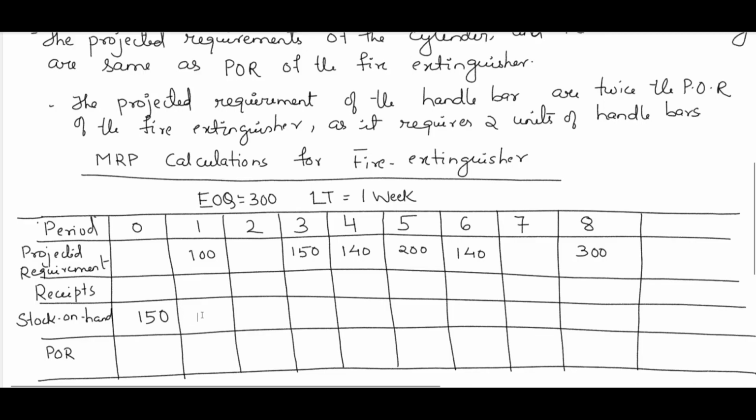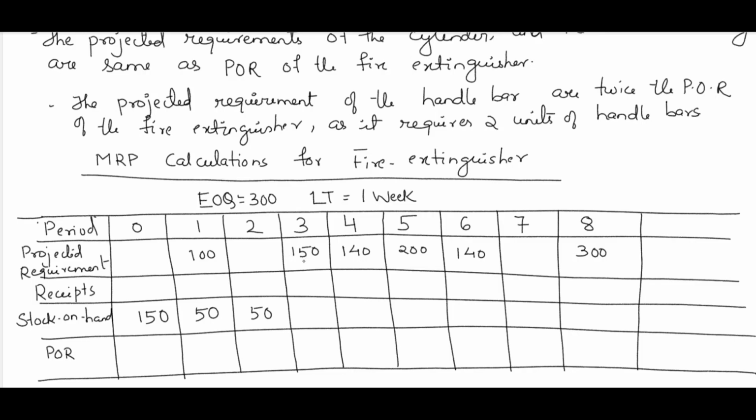If we satisfy the demand of 100, then our remaining will be 150 minus 100, it is 50. So stock on hand will be 50 quantities, and we can carry forward to week 2, because week 2 has no demand.